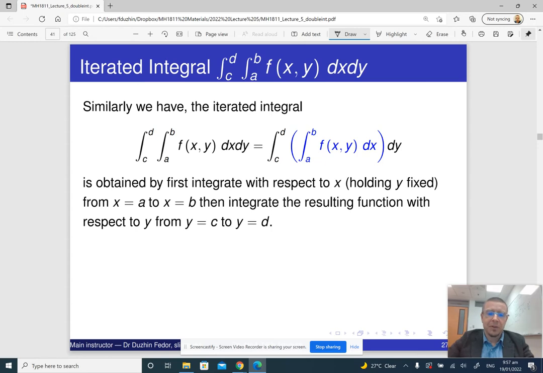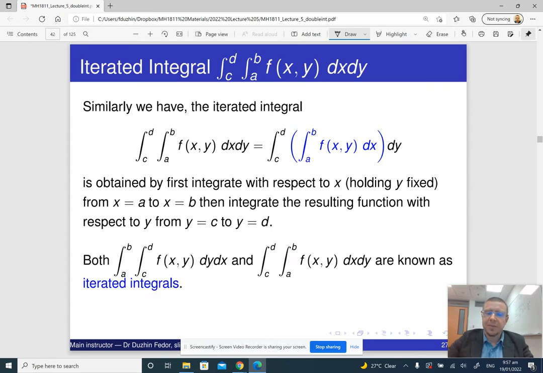Essentially, we will have 2 different iterated integrals. We can integrate with respect to y first and then with respect to x. Notice that here y goes first, then x goes second. And here x goes first and y goes second, right?